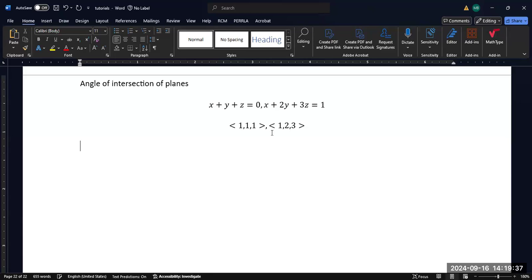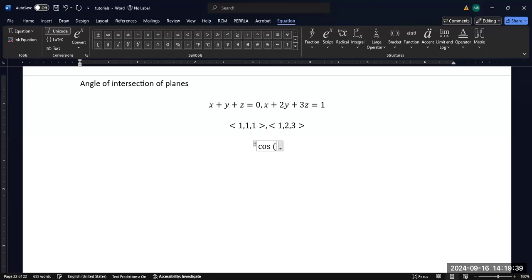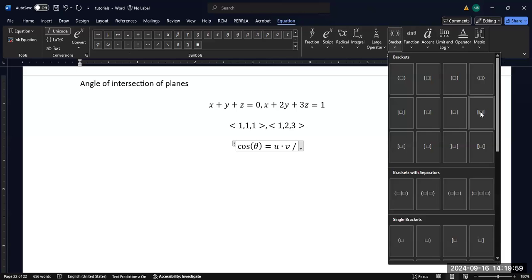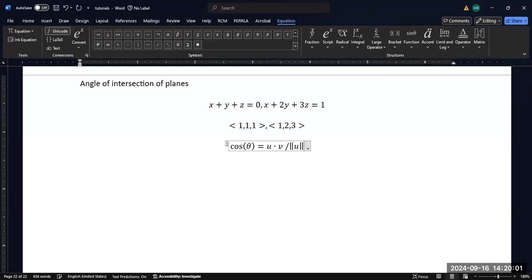So we use our cosine of the angle between the vectors, which is given by the dot product between the two vectors divided by the magnitude of the two vectors.